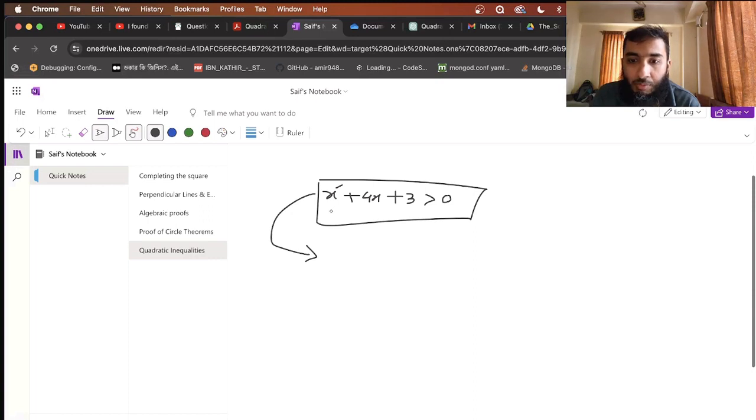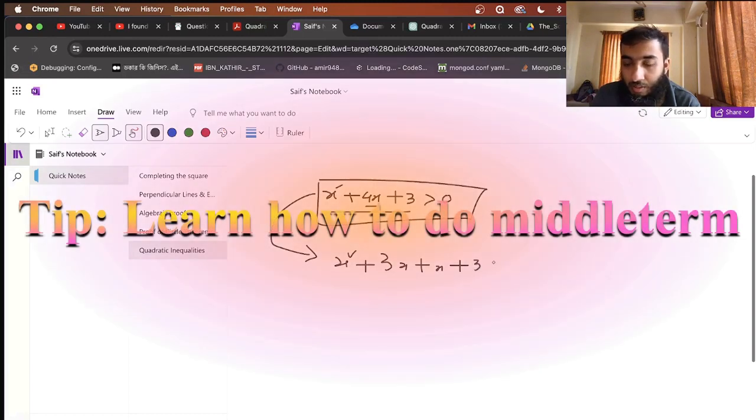If you do a middle term split on this, we can write x squared plus, you can divide this middle term into 3x and x because there is 3 here. So we can write x squared plus 3x plus x plus 3 greater than 0.